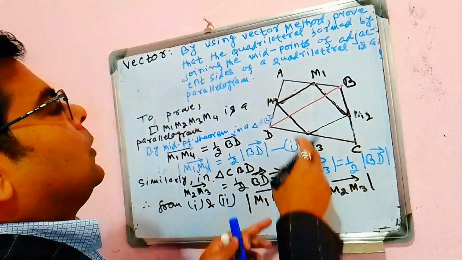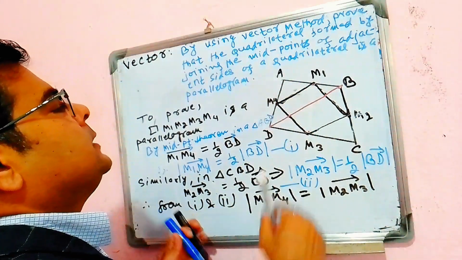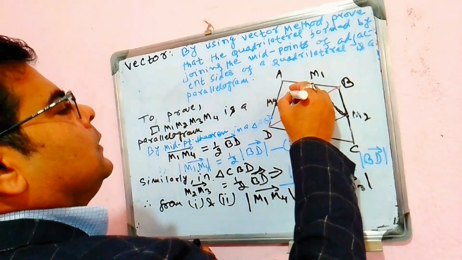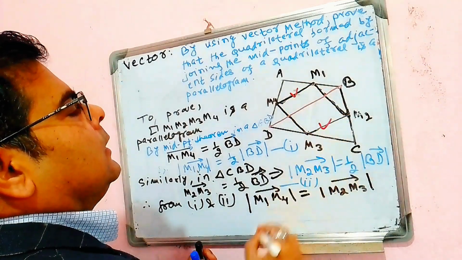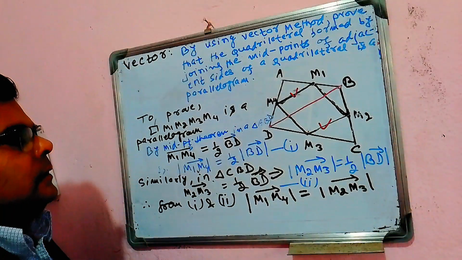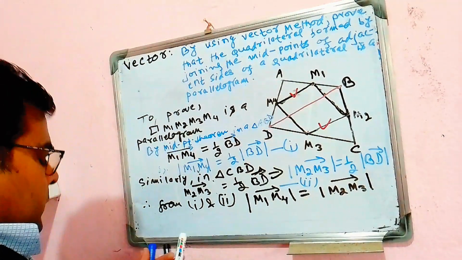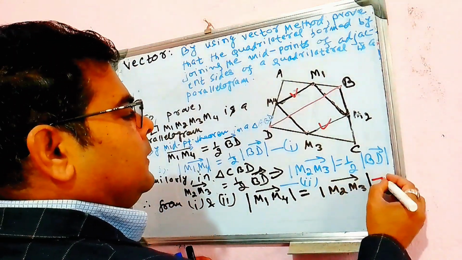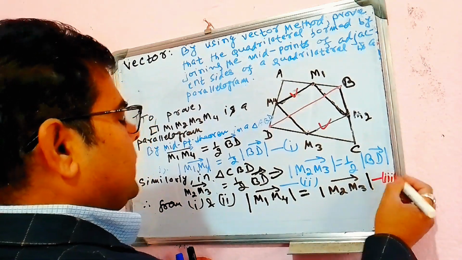These two lines are equal in magnitude and also along the same direction. You call this equation 3.